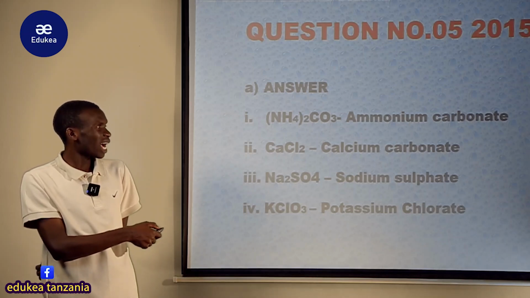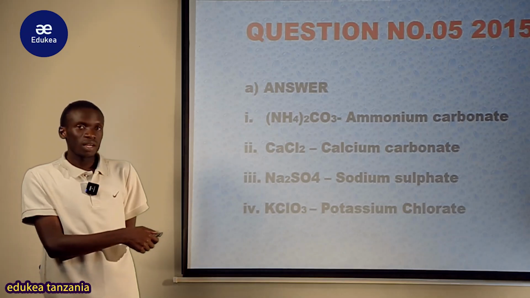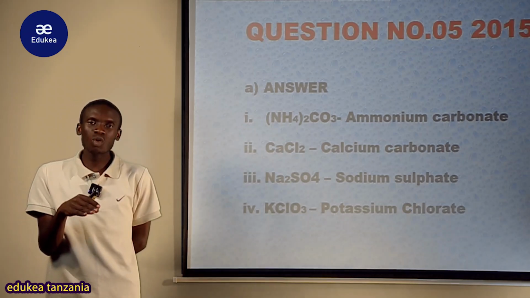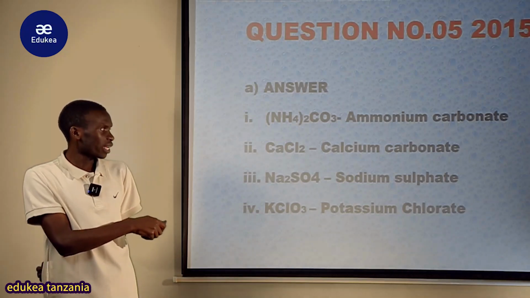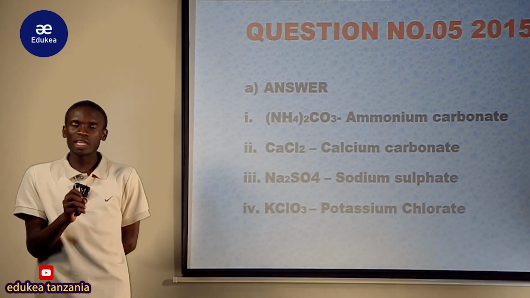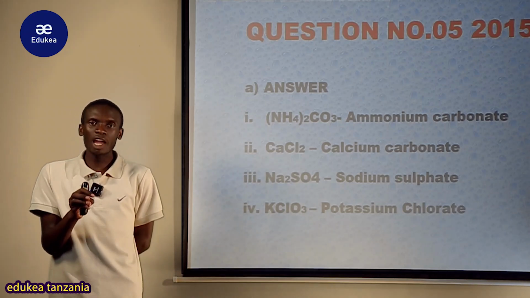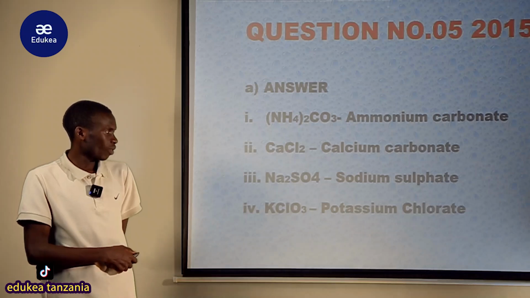So total name itakuwa calcium chloride. This is calcium and this is chloride. After this space is the calcium chloride. This will be the name of the compound, calcium chloride.